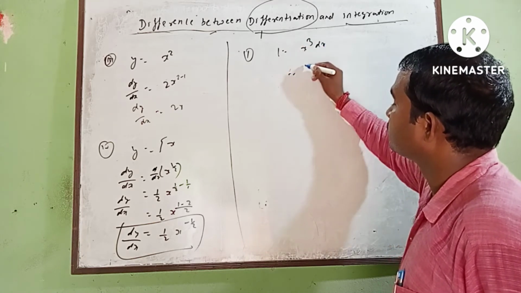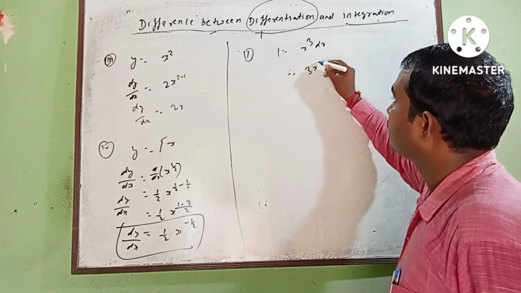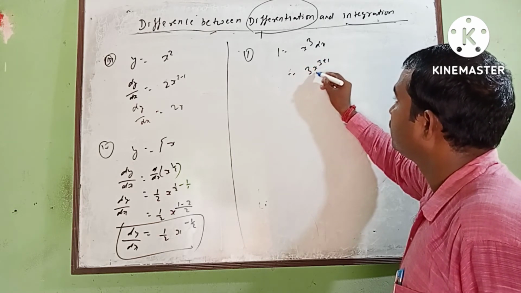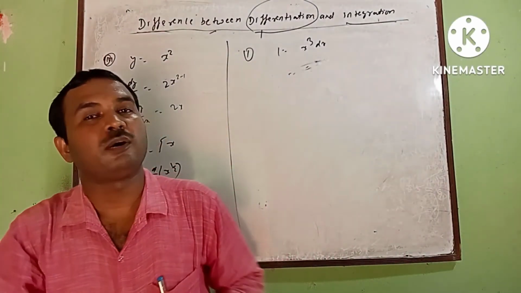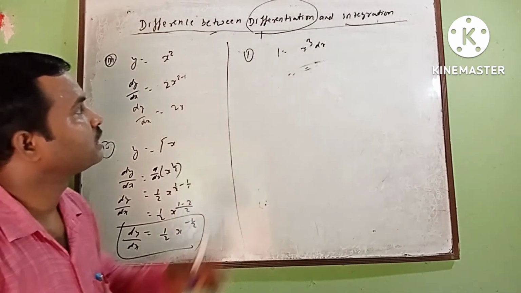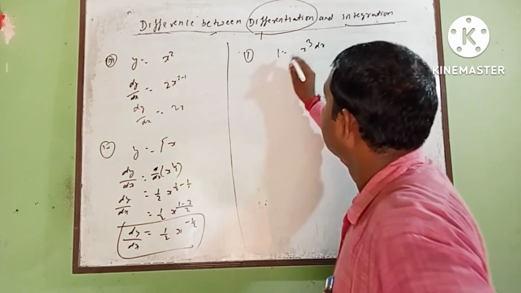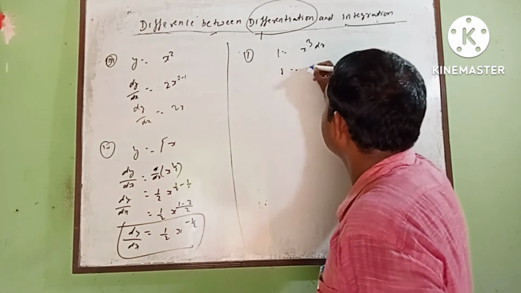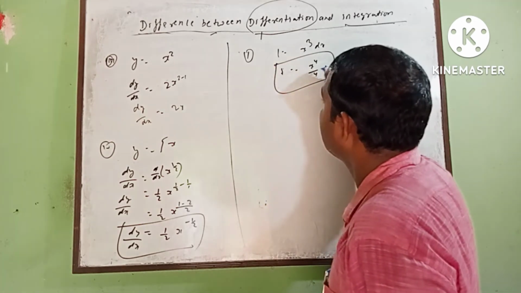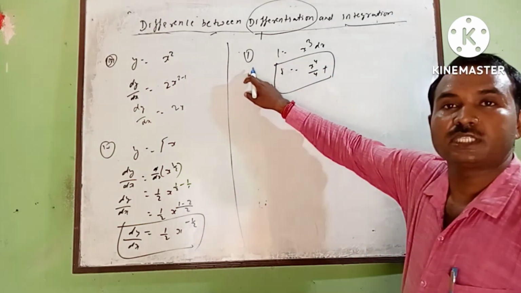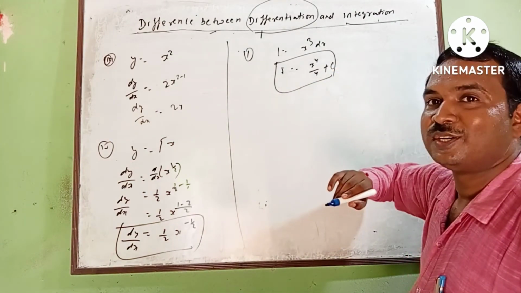Here, whatever power is given, we add to the power, so I is equal to x to the power 4 by 4. If it is a definite integral, then we don't write c; if it is indefinite, then you write c.